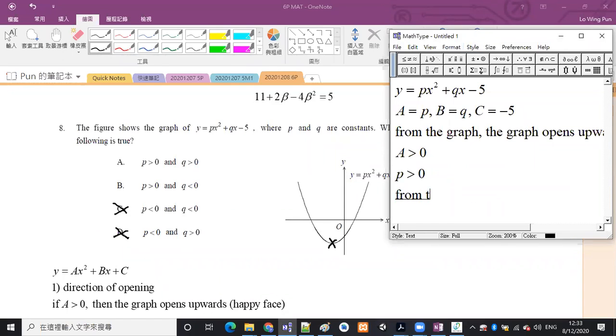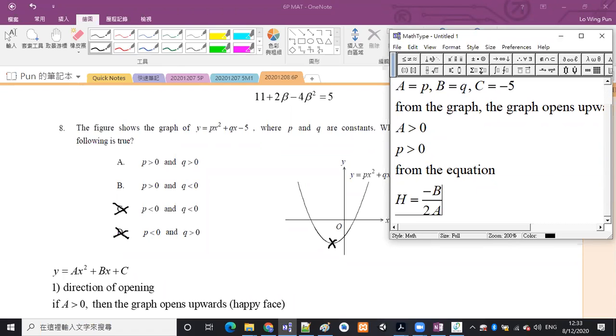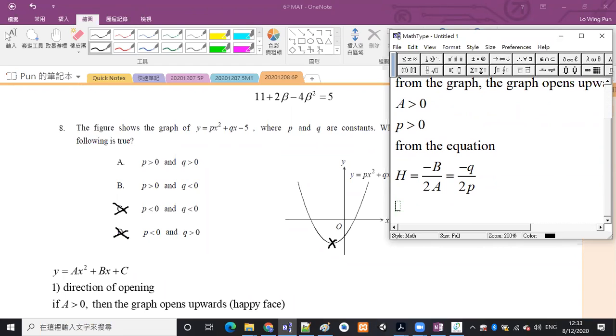From the equation, we know that the vertex, the h value, should be equal to negative b over 2a. This is from the formula, but in our equation, it should be negative q over 2p, right? Negative q over 2p. And then the k value is actually not important this time because we know that the h value, the vertex, is on the left-hand side of the y-axis, okay?